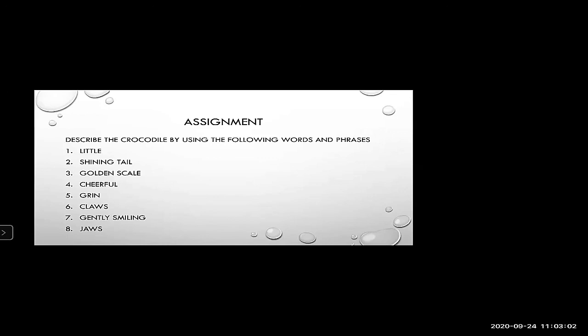Using these words, you have to make sentences describing the crocodile. Have you understood your assignment? You have to write at least 5 to 6 lines describing the crocodile.